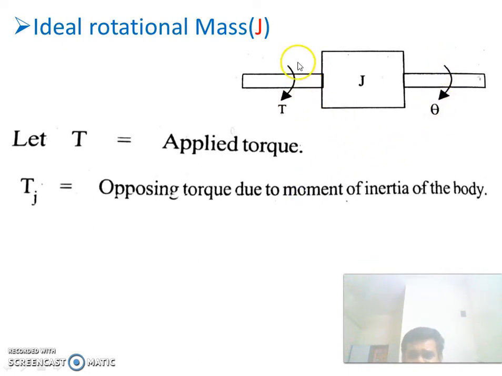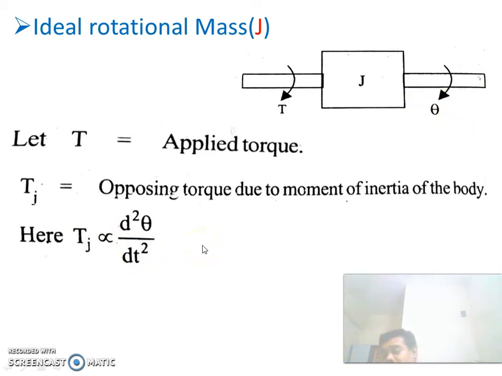The opposing torque is Tj, which is proportional to d square theta by dt square.